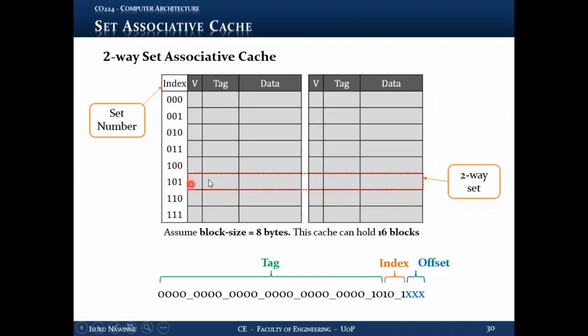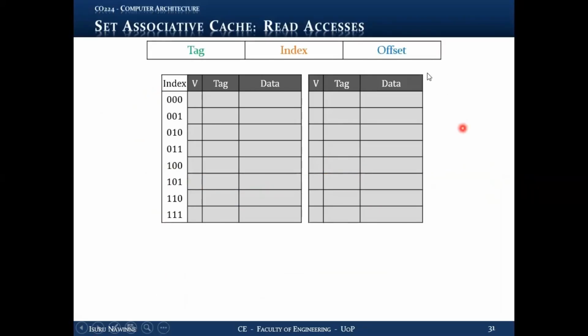Now it doesn't refer to one particular block, it refers to a set of blocks. Sometimes we call that the set index in a set associative cache, and the remainder of the address is the tag, and you have to store the tag along with the corresponding data blocks, right?